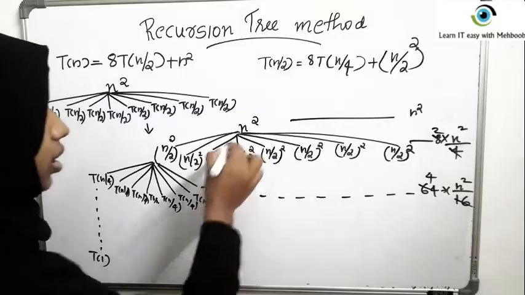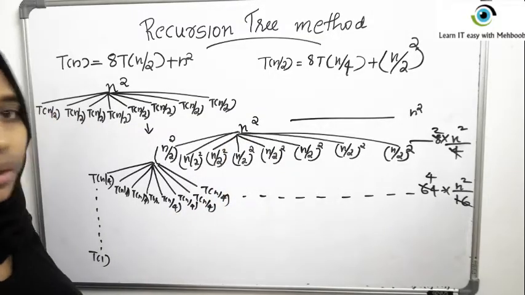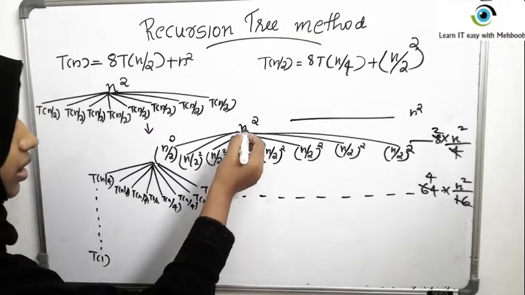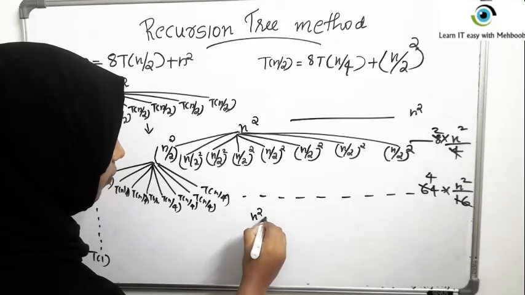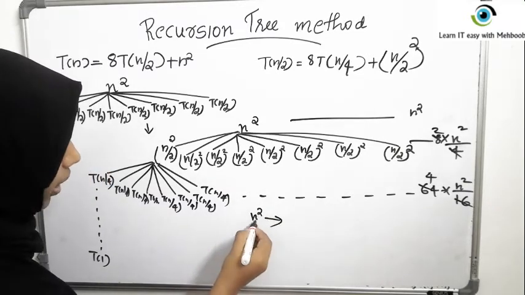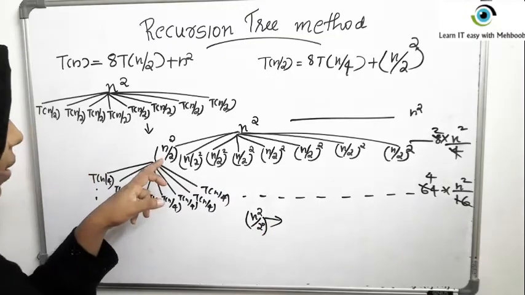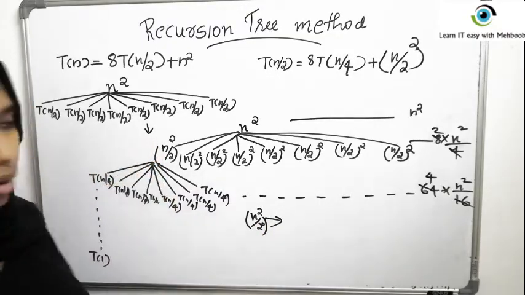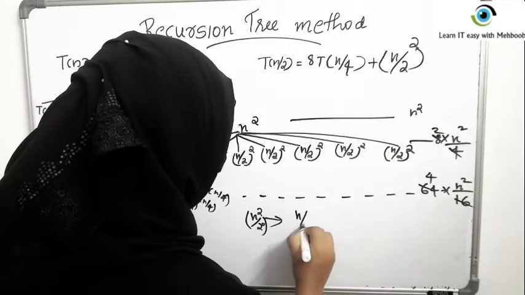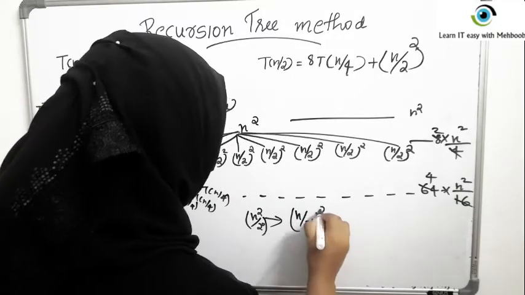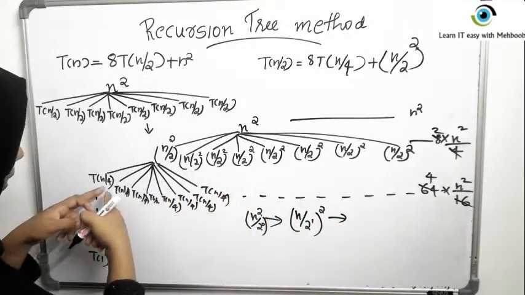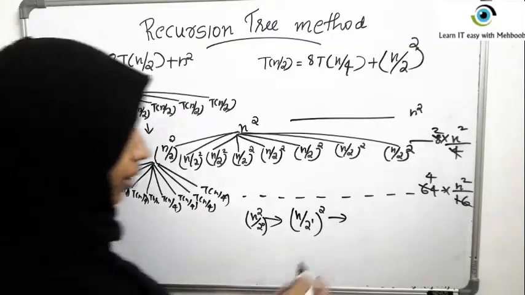The next thing is how does the root node change. Here it is n square, or n by 2 raised to 0 the whole square, isn't it? So at this level it is n by 2 the whole square, or n by 2 raised to 1 the whole square. And at this level it is n by 4 the whole square, isn't it?